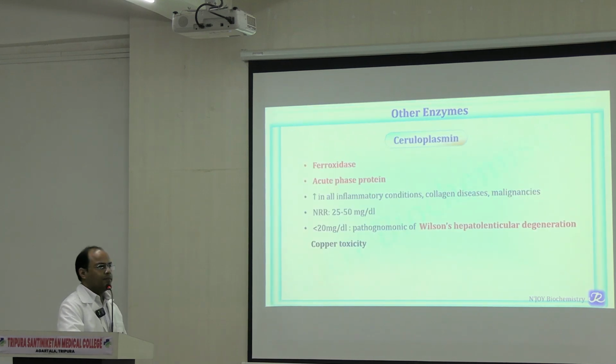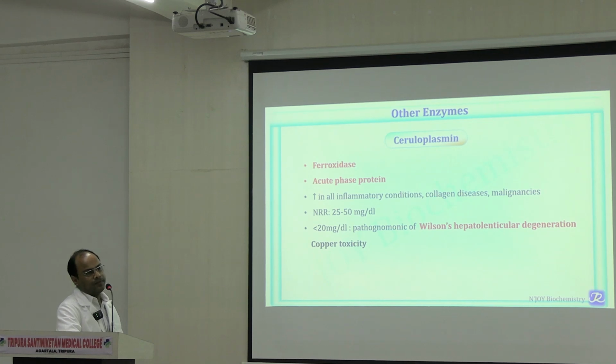Okay. Next, ceruloplasmin. What is ceruloplasmin? This is not actually an enzyme. This is a protein, an inflammatory protein secreted by the liver. It is blue. The level may increase in case of inflammation. Normal reference is 20 to 50 milligram. In case of hepatolenticular degeneration, like Wilson disease, you can see a lower level of ceruloplasmin.